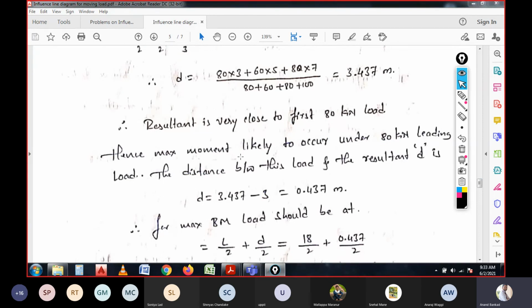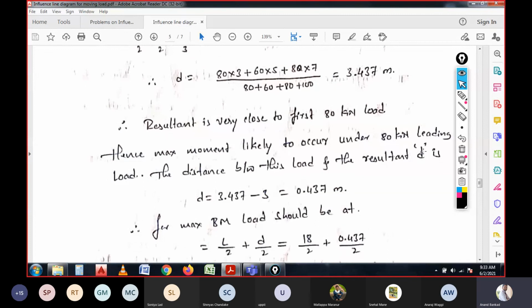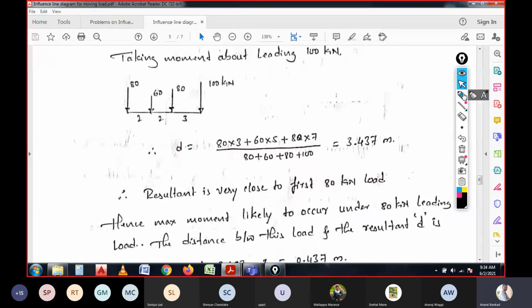Hence, the maximum moment is likely to occur under the 80 kilonewton load, which is leading, because we have two 80 kilonewton loads, and this 80 is the leading. That is why it is denoted with the notation 80 kilonewton leading load. The distance between these loads and resultant is D, the resultant D is nothing but this one.